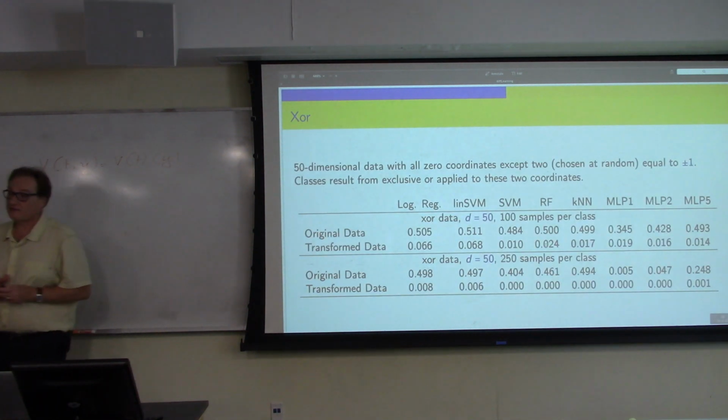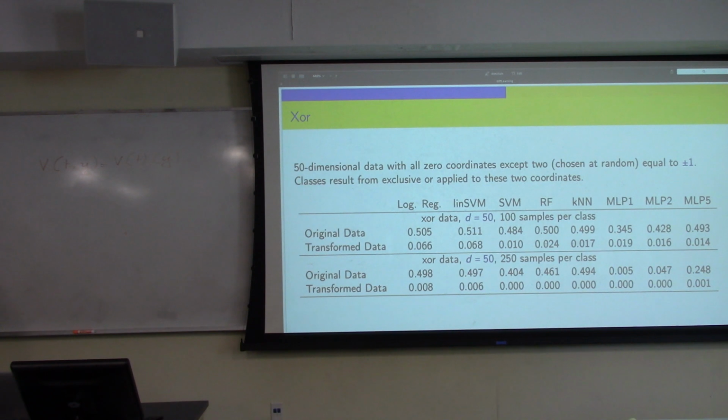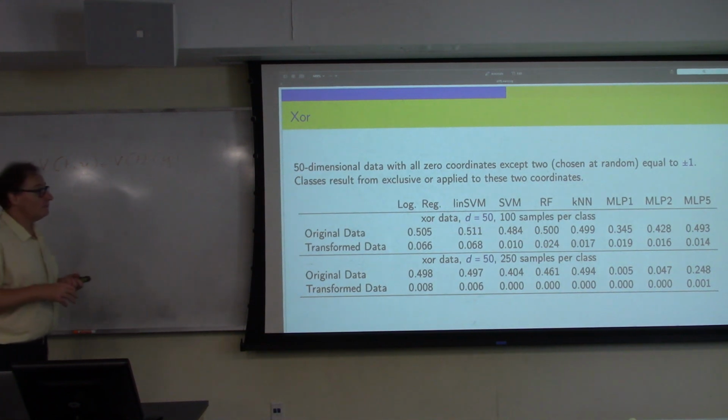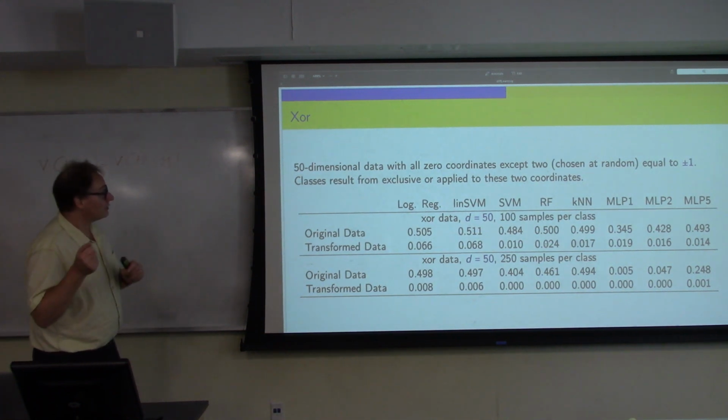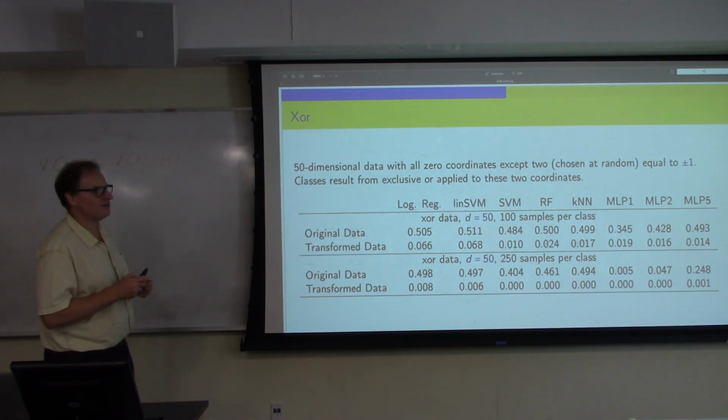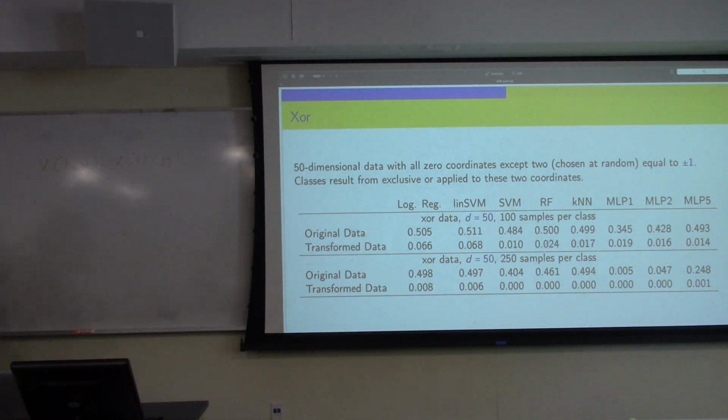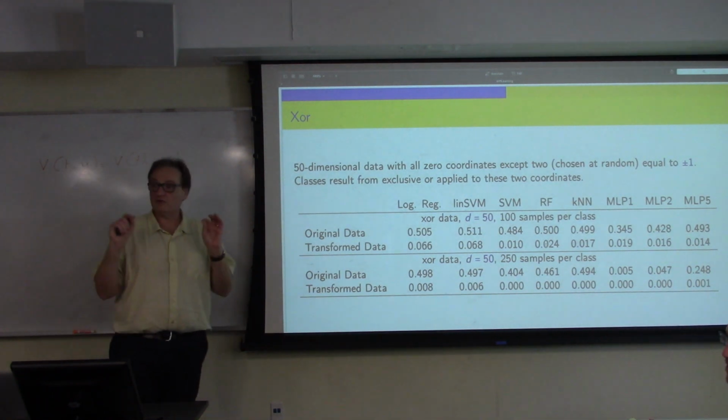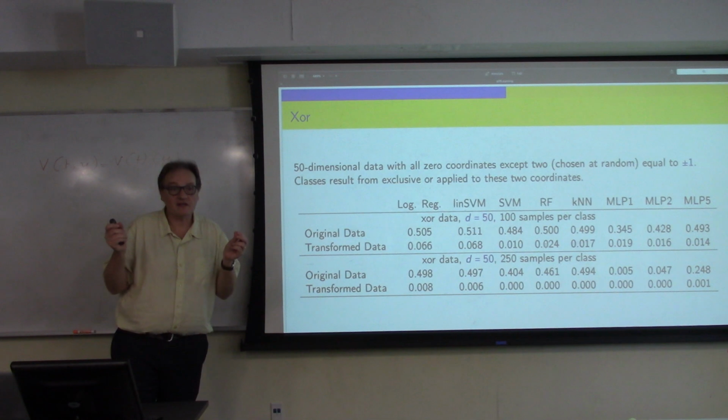And here's another example. Again, if you know how the data is built, it's a very simple classification rule. It's just an XOR, in which, did you say XOR or XOR? XOR. Okay. So it's an XOR that is in 50 dimensions. You pick 2 variables among those dimensions, not the same every time.